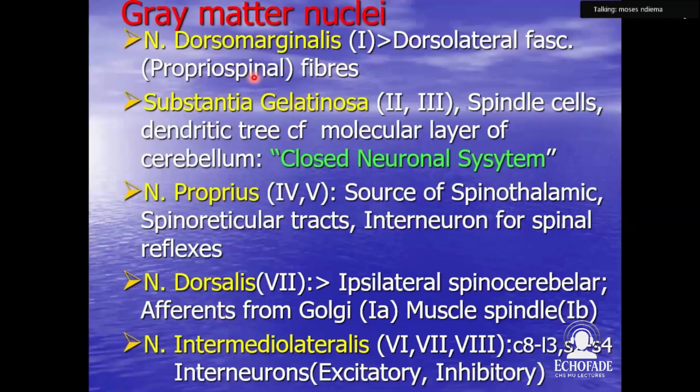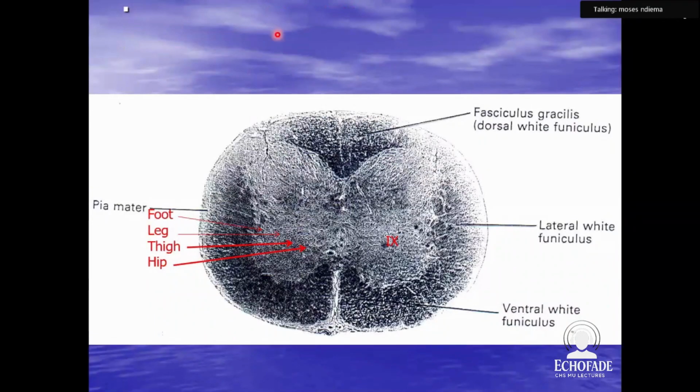I also want to point out that the gray matter has been divided into regions, what they call Rexed laminae. These regions represent the various parts of the body. You can note here, from the foot to the hip, the most lateral part is far away from the center.